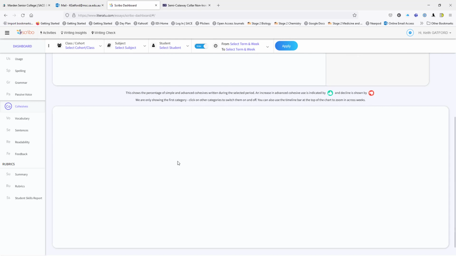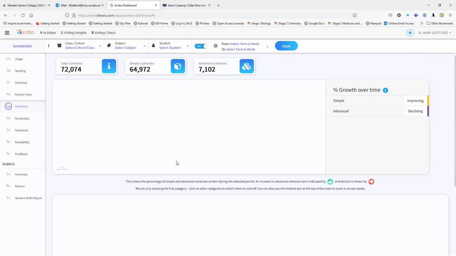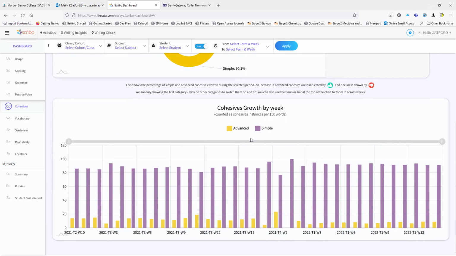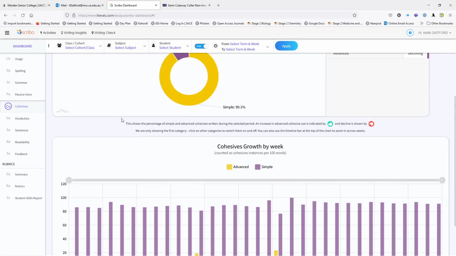We can look at cohesives and see what sort of cohesives our students are using in general. So fairly low levels of advanced cohesives, higher levels of simple cohesives.